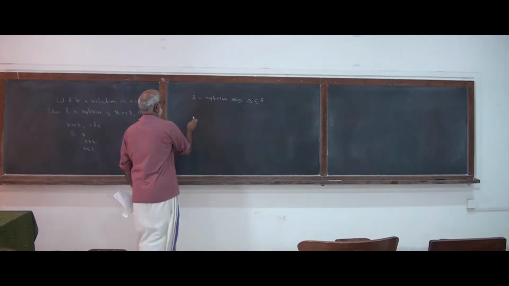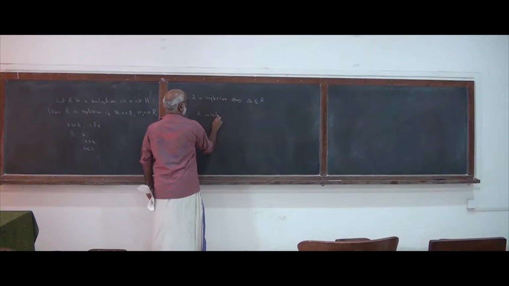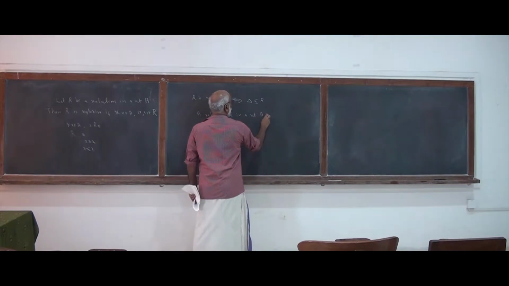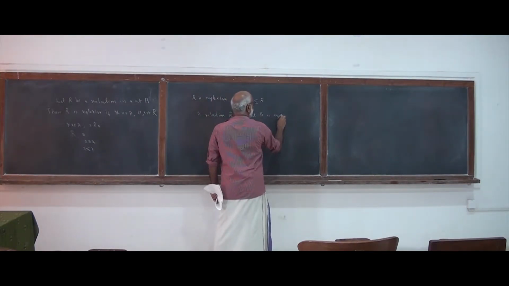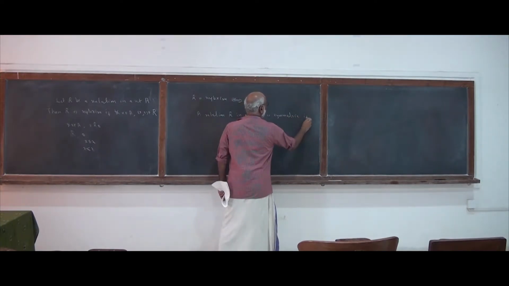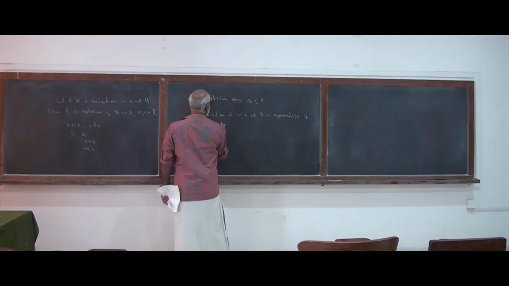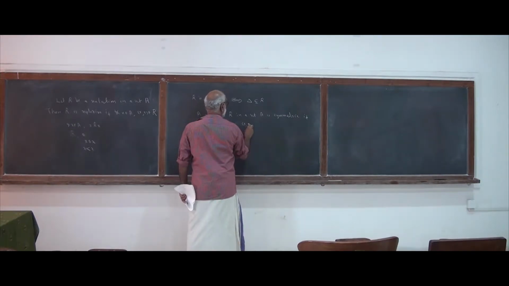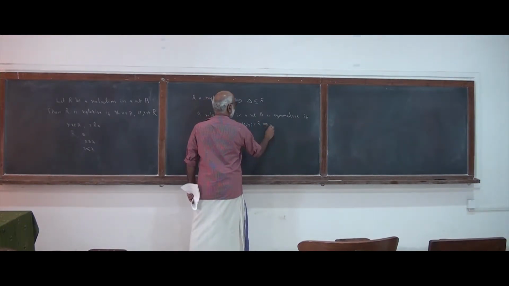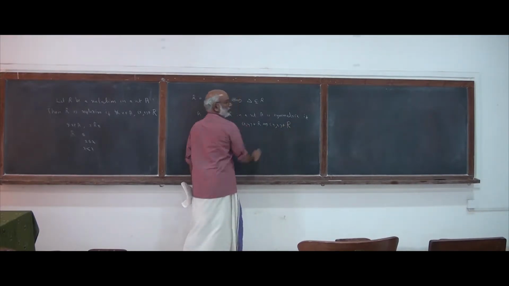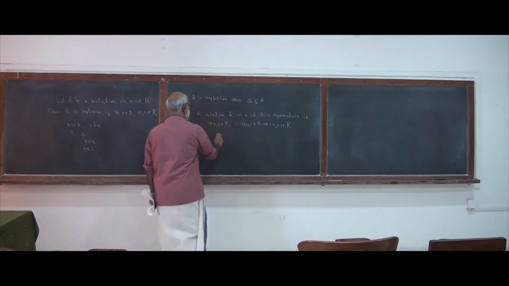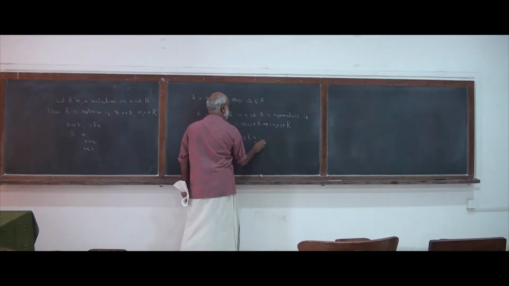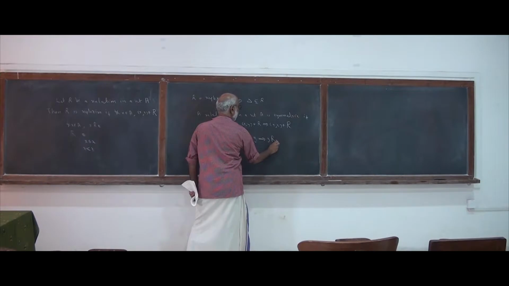Now another definition. A relation R in a set A is symmetric if for every x, y element of A, (x, y) element of R implies (y, x) element of R. Or you can also write it as: for every x, y element of A, x related to y implies y related to x.